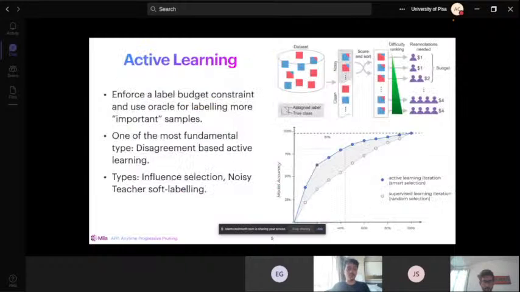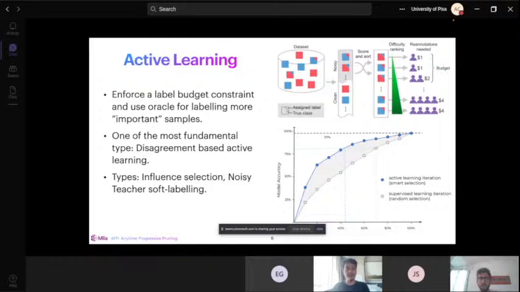The next very crucial motivation I personally believe for this work is the domain of active learning. This is arguably not as popular as it used to be because of the growth of self-supervised learning these days. So in classical active learning, we have this budget constraint. So we have a label budget constraint, and we have this big set of data, but it is unlabeled.